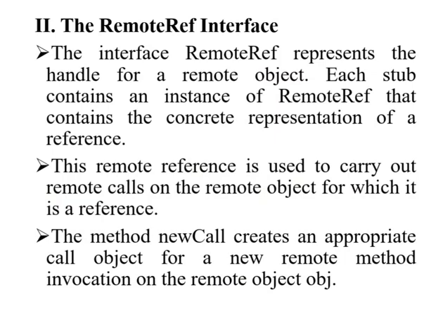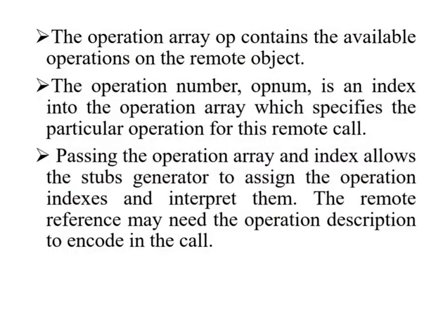If the call fails or if the remote invocation throws an exception, this method either returns the result of the method invocation on the remote object that lives on the remote host, or throws a RemoteException or an application-level exception. It's worth noticing that the operation number, opnum, is a hash of the method signature that can be used to encode the method for transmission.